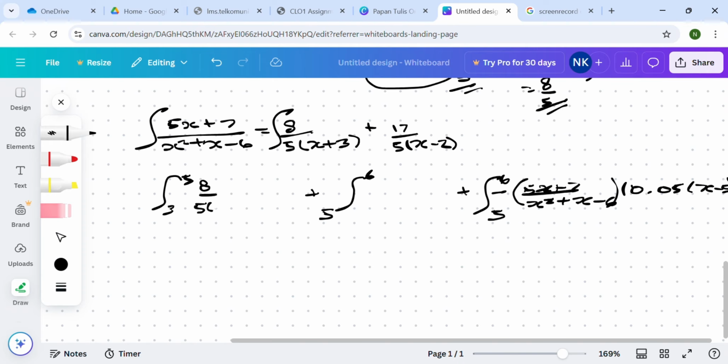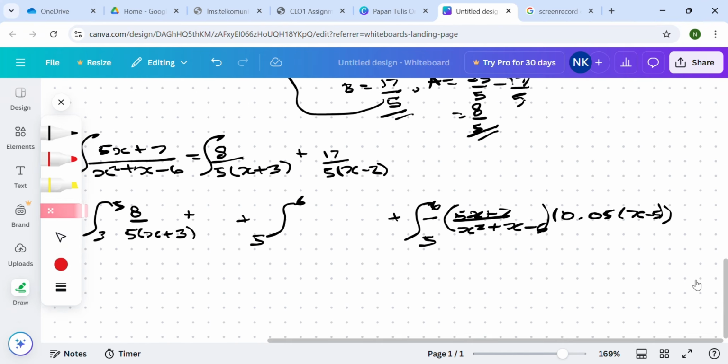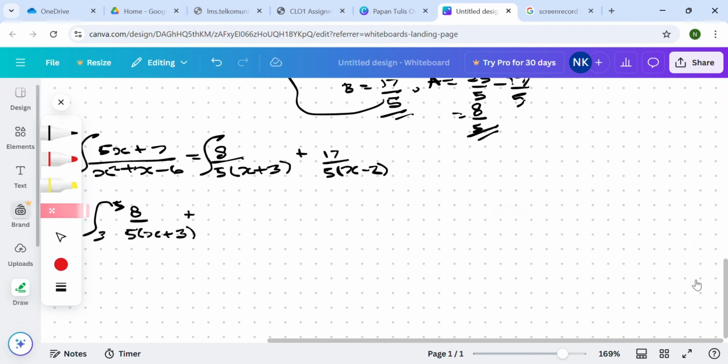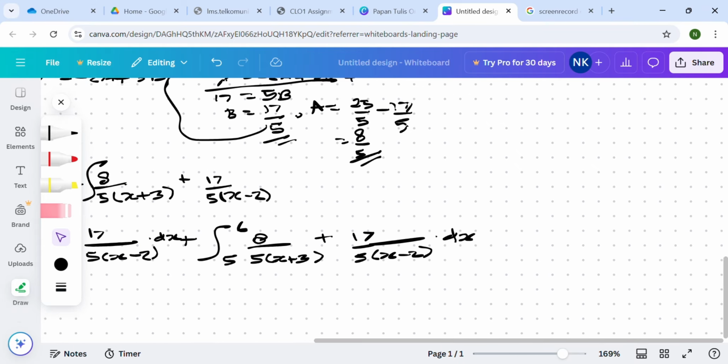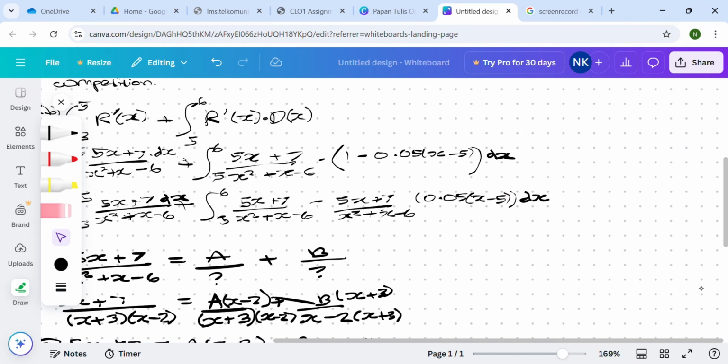It's 8 over 5 times x plus 3 plus 17 over 5 times x minus 2, plus the integral from 5 to 6 of the same thing, 8 over 5 times x plus 3 plus 17 over 5 times x minus 2 dx, minus this part, because this part is harder to integrate.